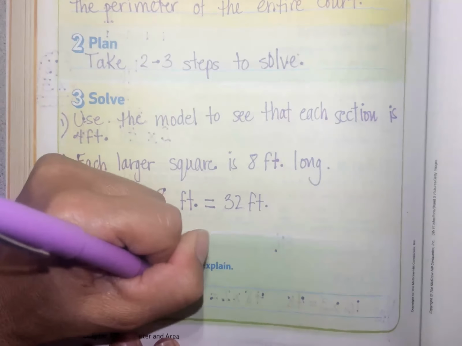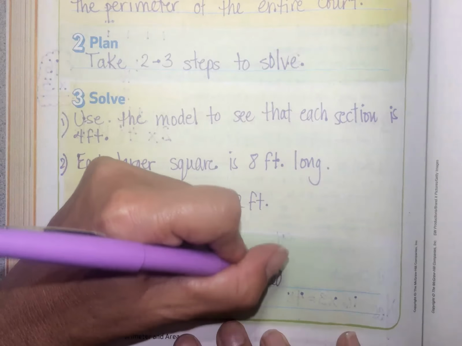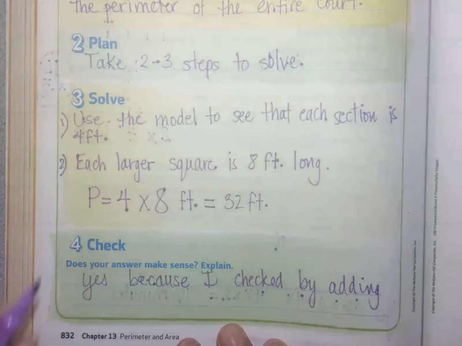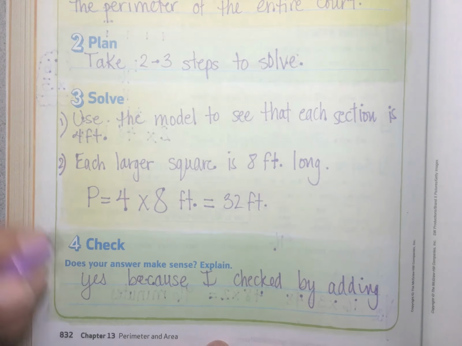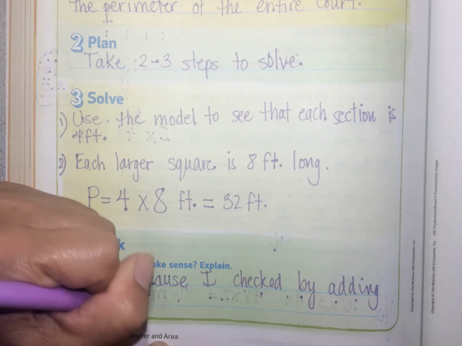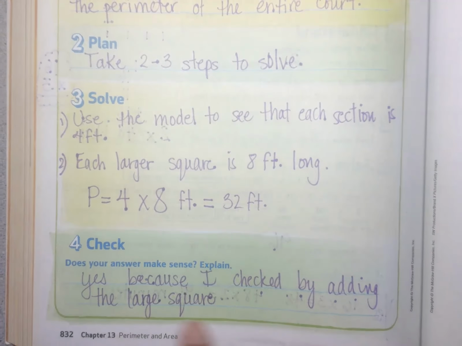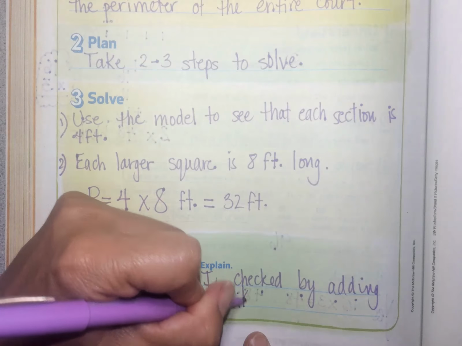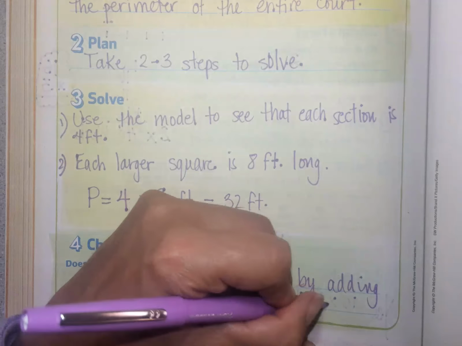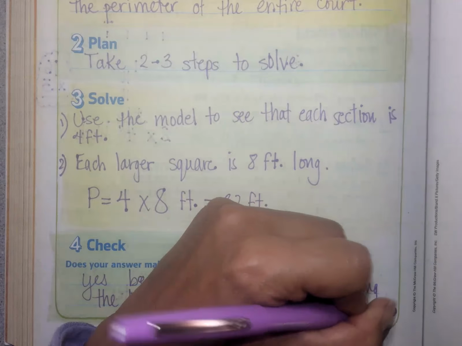This is how I know I'm right. Yes, because I checked by adding all 4 sides of the large square. I'm going to write by adding the large square like this. 8 plus 8 plus 8 plus 8 equals 32 feet.